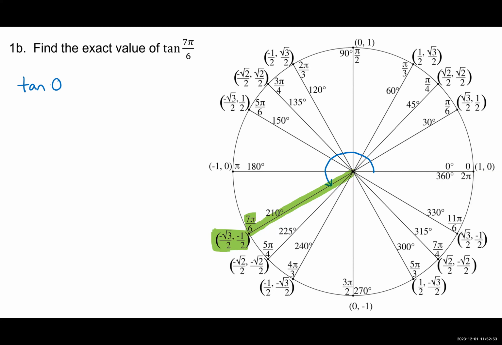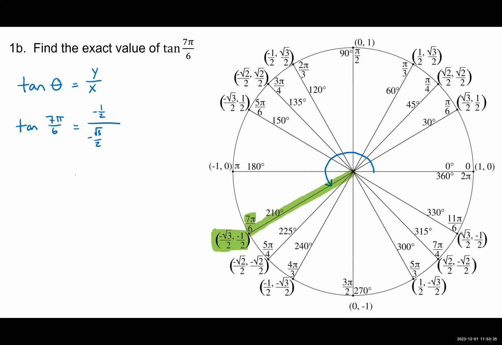The tangent of an angle is equal to the y coordinate divided by the x coordinate, y over x. Right, so the tangent of 7 pi over 6 is equal to -1/2, that's the y value, divided by negative square root of 3 over 2, that's the x value.